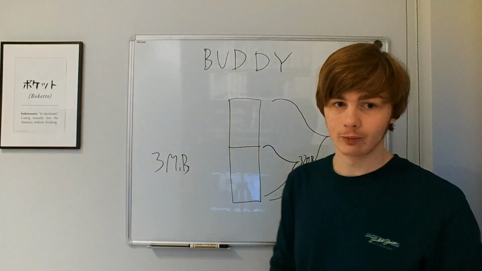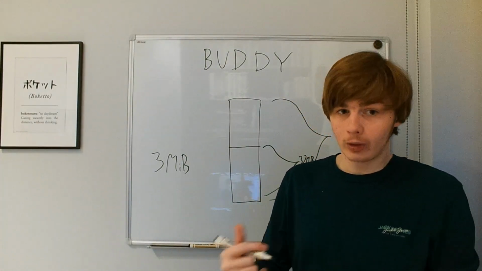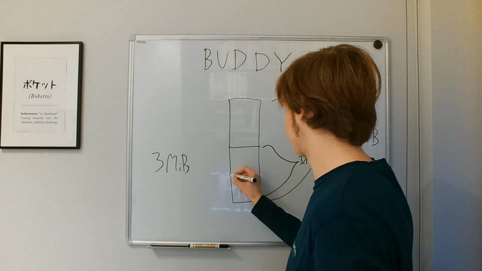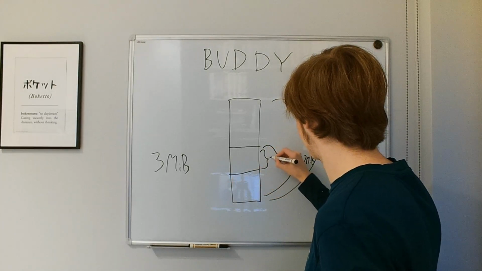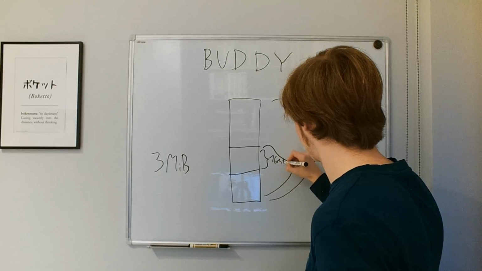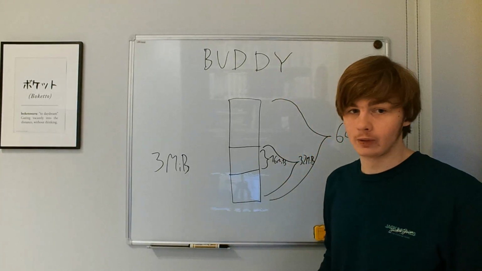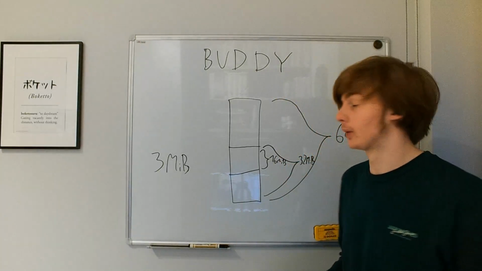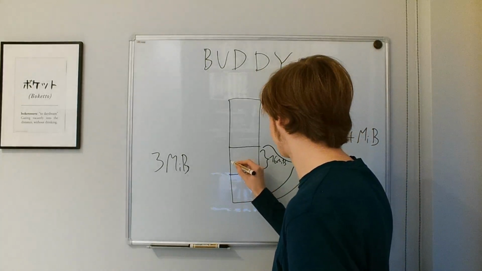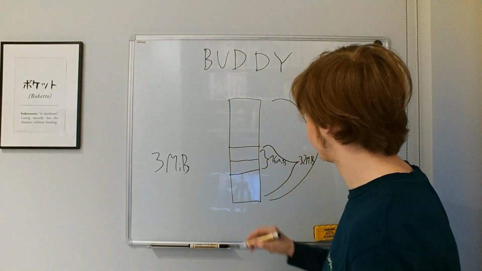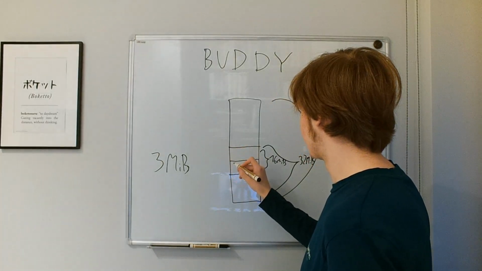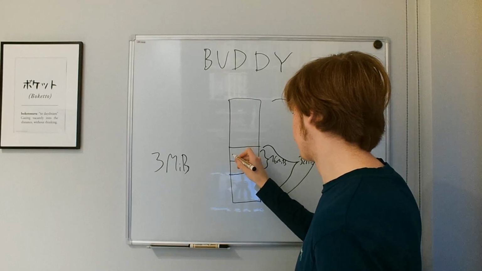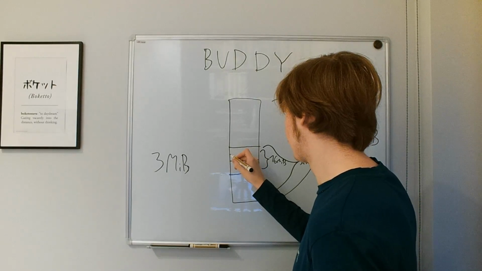And, well, would it fit in 32 megabytes? Well, it would, but it would also fit in 16 megabytes. And then, would it fit in 16 megabytes? Well, it would, but it would also fit in 8. And it would also fit in 4.